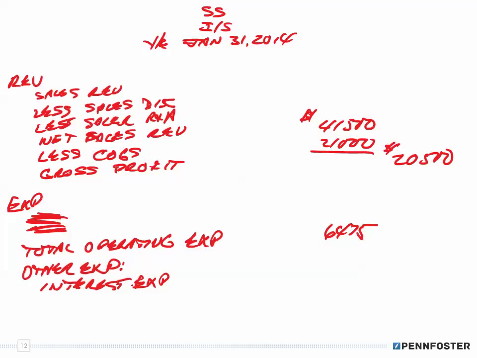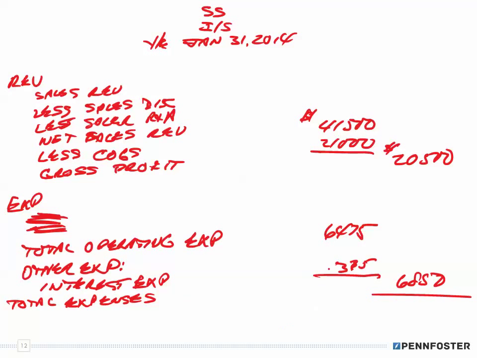And in this case here, we have 375. Okay, so then I would have a total expenses, and that total expenses I said was 6850. Okay, and then of course, because I'm doing the math going like that, putting it in the right hand column, I would have a net profit or loss.